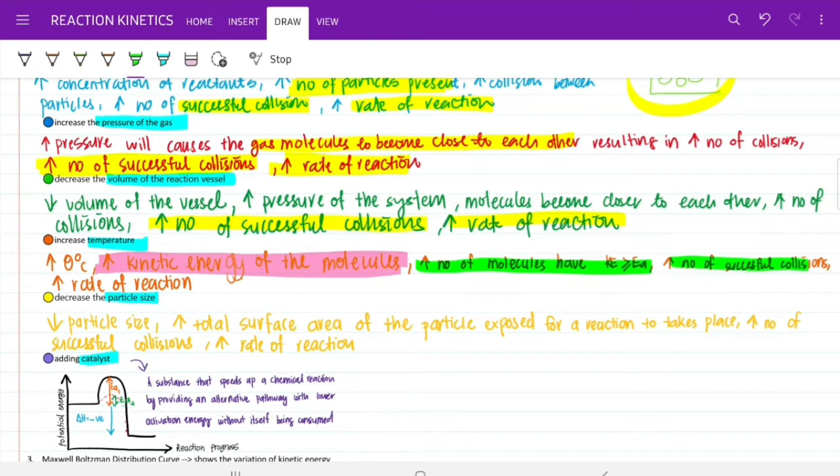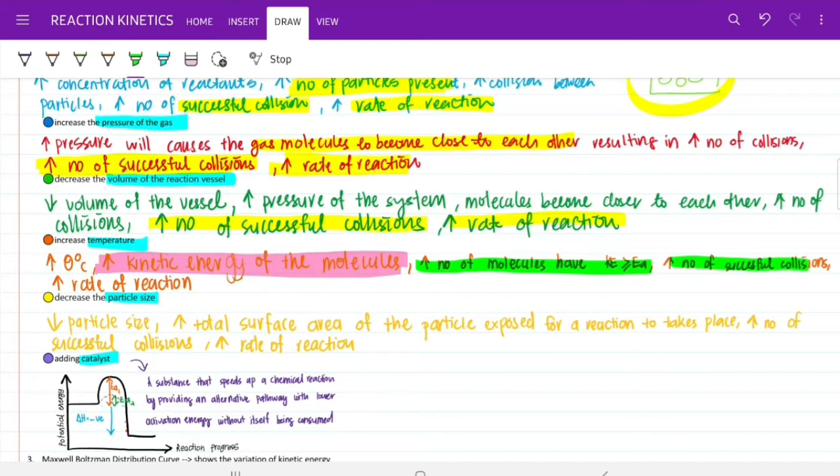Okay, so let's say if you go to the kitchen and you want to cook beef or cook chicken, you're going to chop the chicken into very small pieces. If we compare between a minced chicken, a cube chicken and a whole chicken, definitely the minced chicken will cook fastest, followed by the cube chicken and the whole chicken, because the minced chicken has the smallest size.